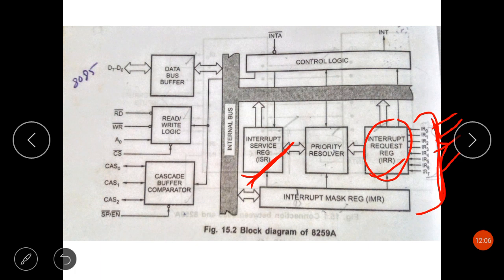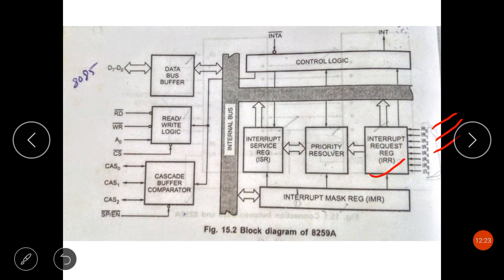Now next is the interrupt mask register. The interrupt mask register stores the masking bits of the interrupt lines to be masked. It means it makes it possible to mask individual interrupt requests.